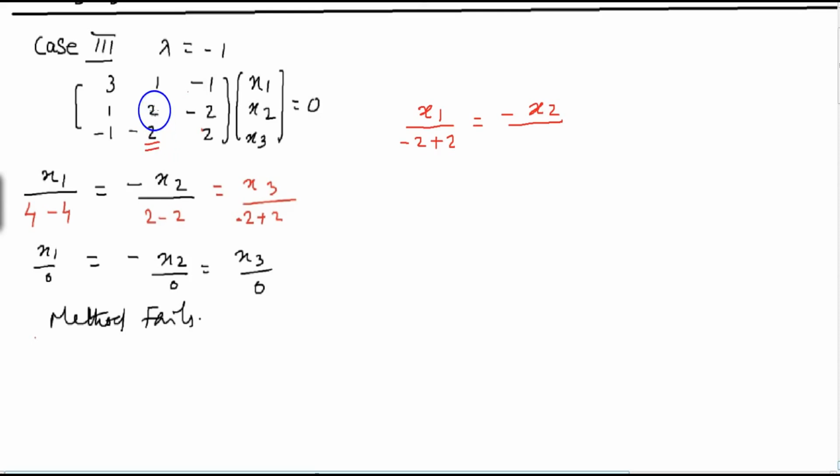Here the minor of a32 is 3 minus 1, 1 minus 2. And after cross multiplying, we get minus 6 plus 1 and equal to x3 by minor of a33.